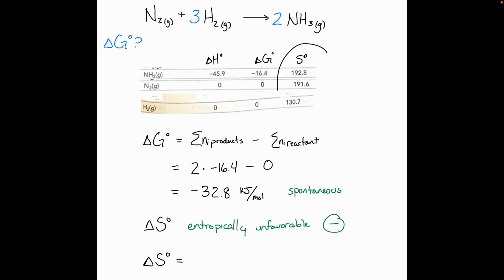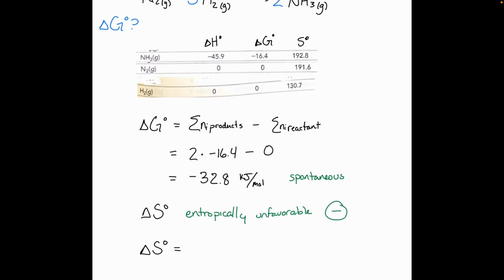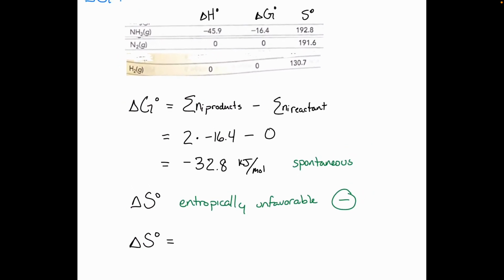All right, this one's a little bit more difficult of a calculation. We don't just have a bunch of zeros going on, so let's make sure that we got this down. All right, I'm going to use that stoichiometric coefficient of 2 of my product times the 192.8 minus, and I'm going to put in parentheses so I make sure that that minus sign is distributed to both of my products.